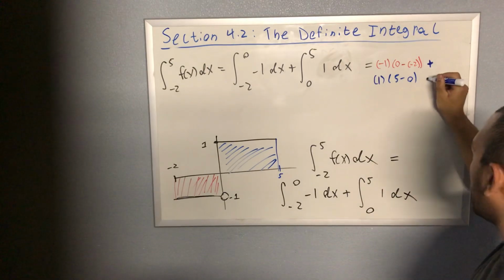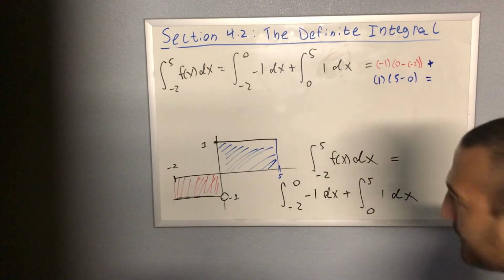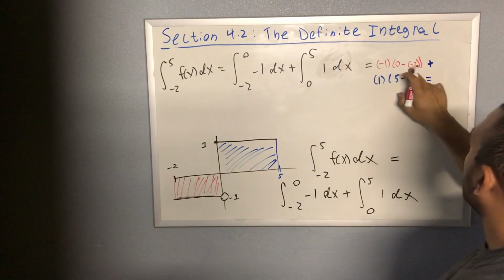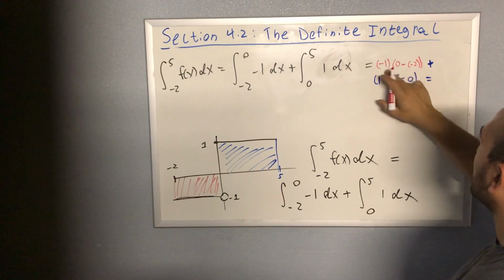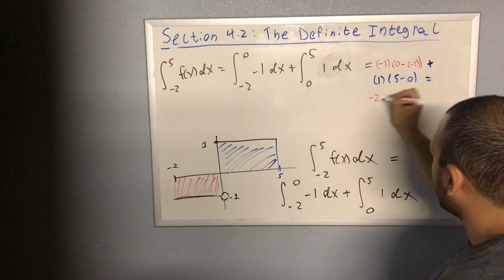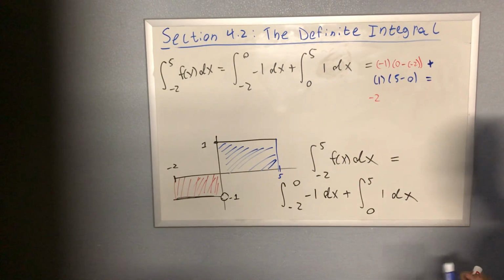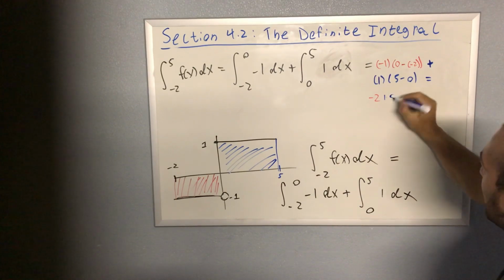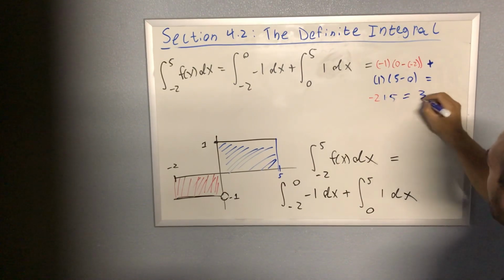So when all of this clears, what do we get? This is a positive 2, so times -1 is -2, plus 5. So we get a net answer of 3.